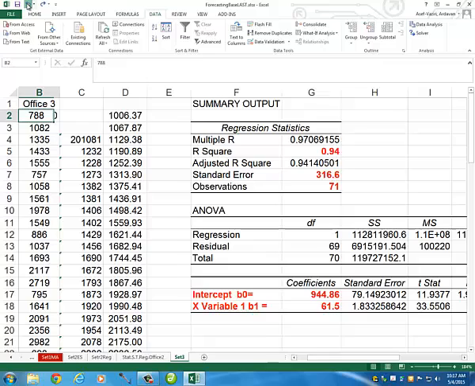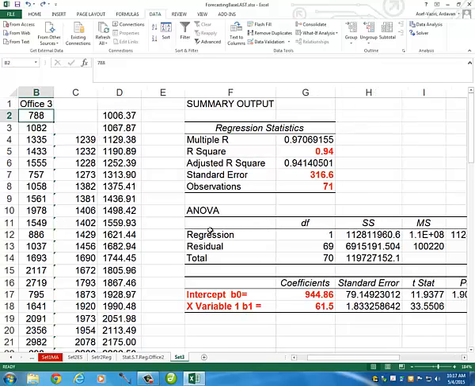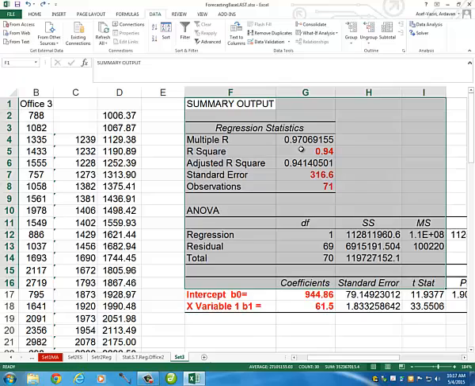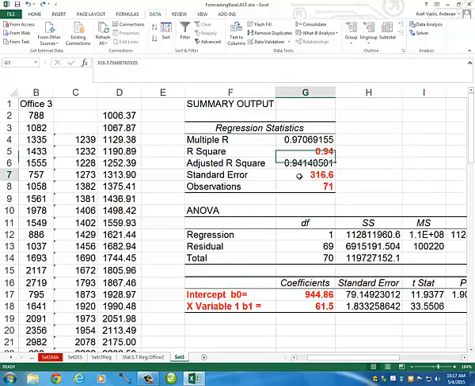Now I can use a different procedure, but the weakness, the benefit of that procedure is it is dynamic. As soon as I change data, it will change. But the weakness is it will not provide me with a table of R square, standard error, and p-value. Let's see what I am going to do.